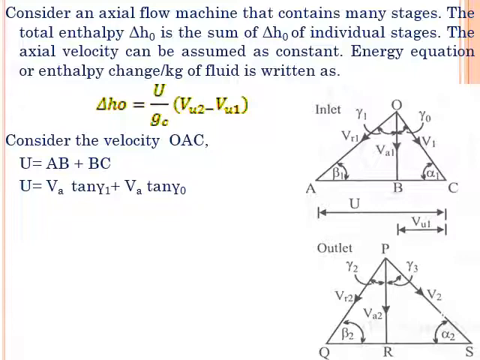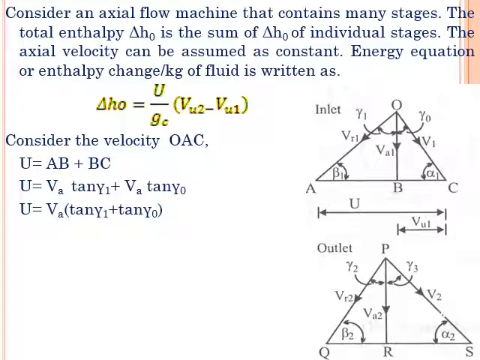So the length of AB is equal to V of A tan gamma 1. Now U is written as AB, which is V of A tan gamma 1, plus BC, which is V of A tan gamma naught.